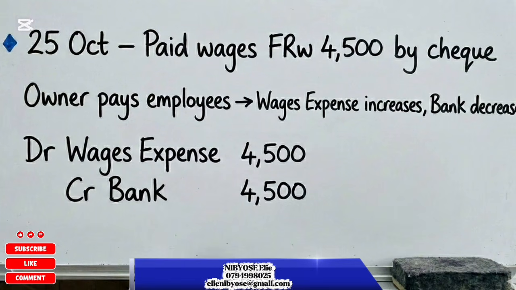And let's move on to the last one on 25 October, where the company paid wages of 4,500 francs by check. It means that when it involves check, it is also affecting the bank account. Here, because we paid the wages by using check or bank account, the bank account as an asset is reducing, so we have to credit those assets in the form of bank by 4,500 francs, and we also debit wages expense as an expense, increasing.